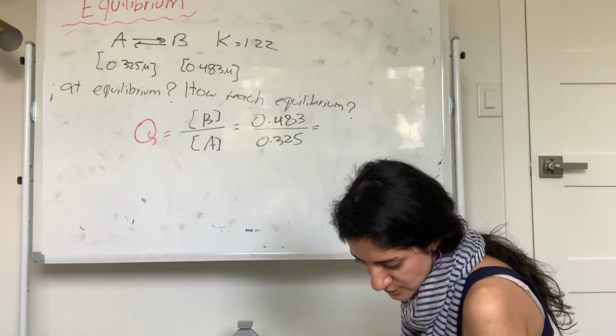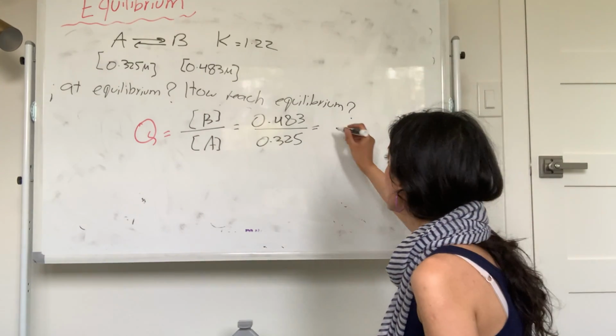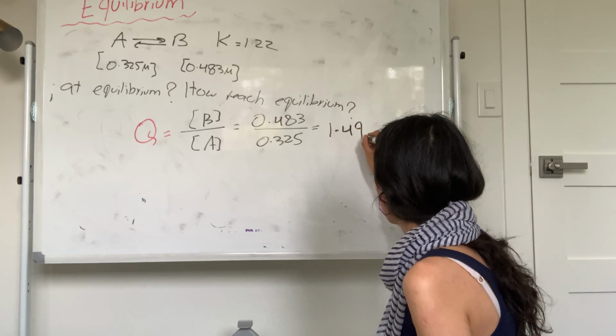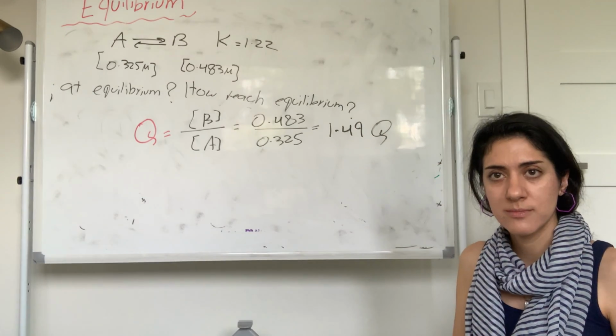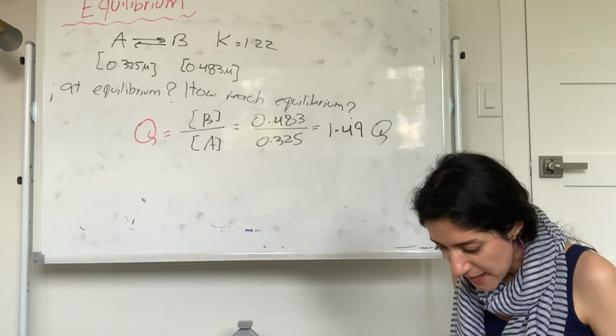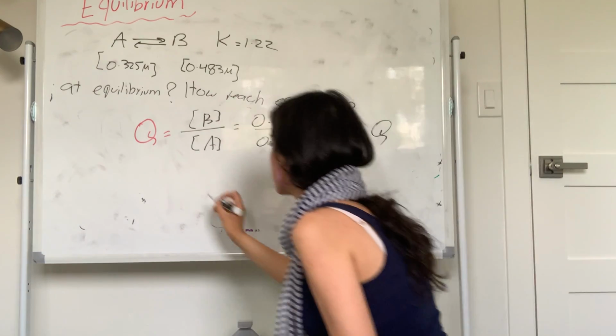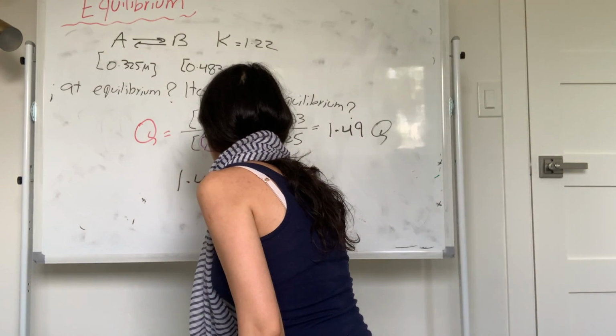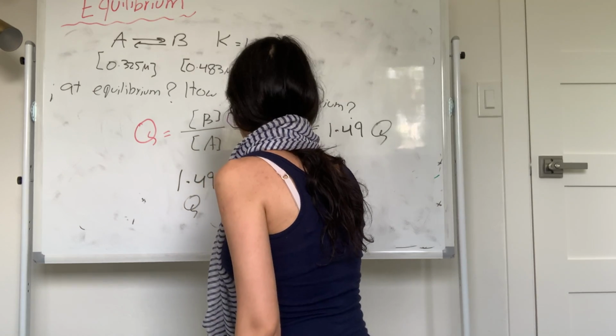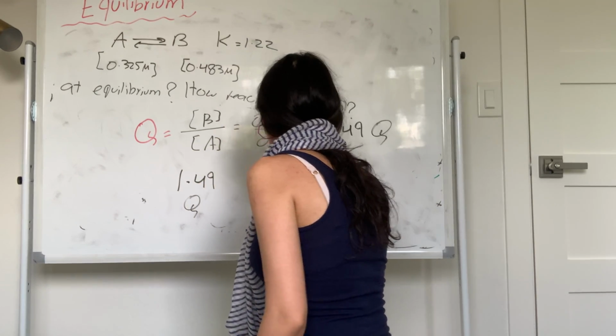If I do that, what I end up getting is 1.49 as my Q. I want to compare it to K. So 1.49 is my Q and 1.22 is my K.